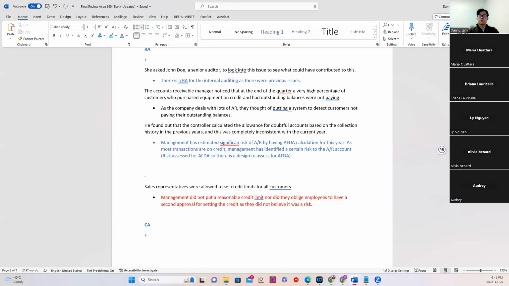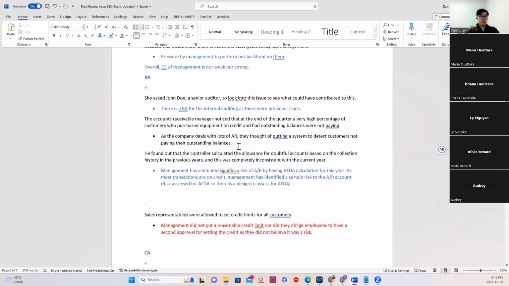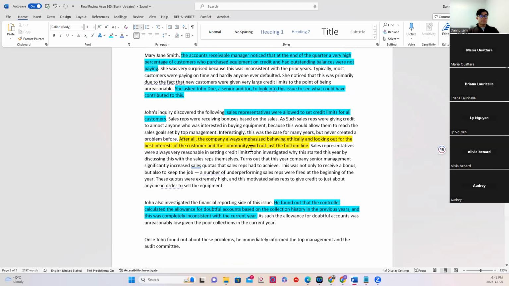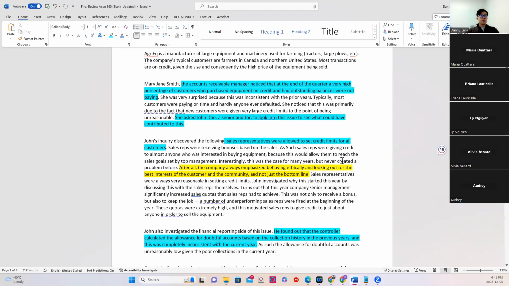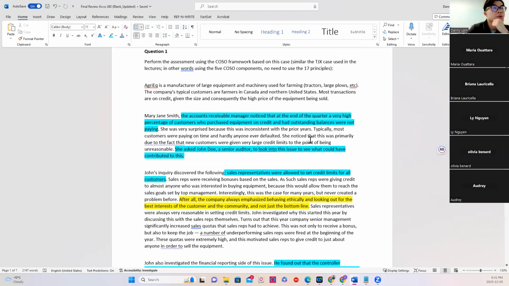At some point, they mentioned that the uncollectible accounts were for new customers. So could we say that there is a weakness and that they didn't do their due diligence to see if the new customers were credit worthy? Okay, that's a very good point. Where could I see that it's for new customers?